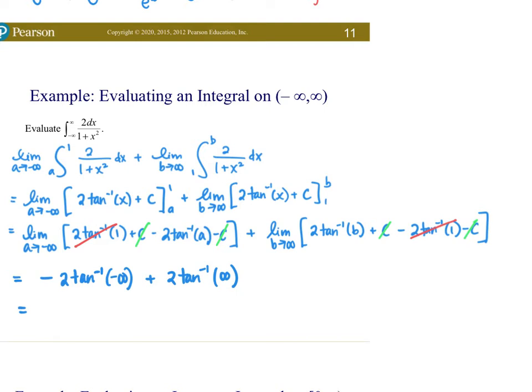Now, inverse tangent of negative infinity is an x value that produces that. Think about where the asymptotes happen for tangent. So this would be negative 2 times negative pi halves.